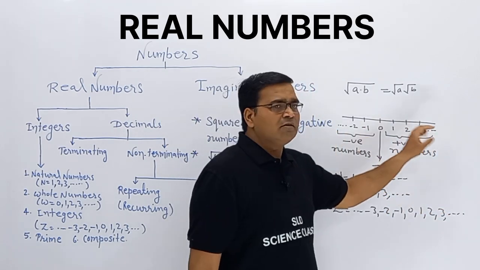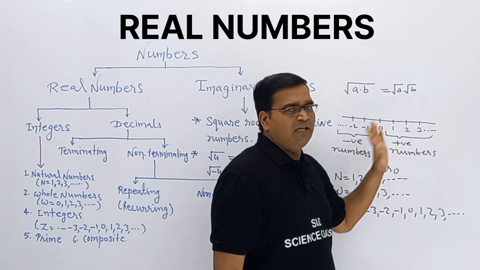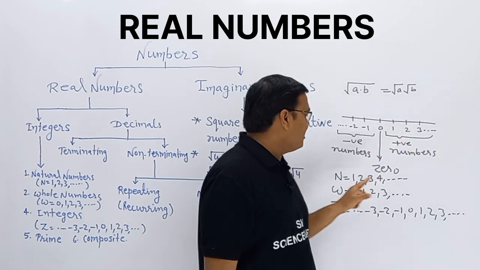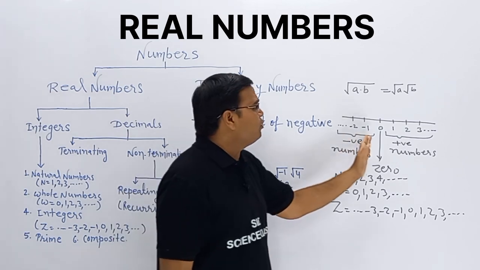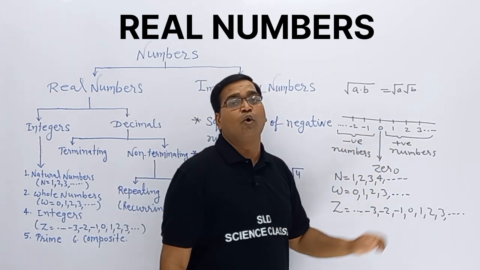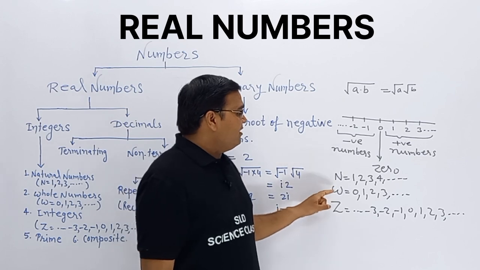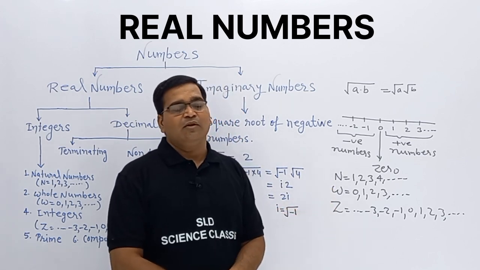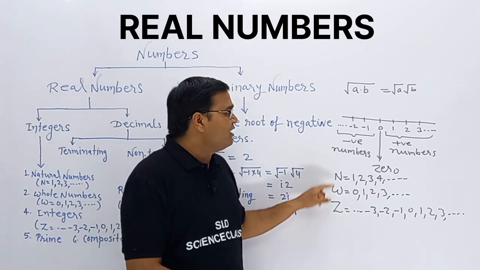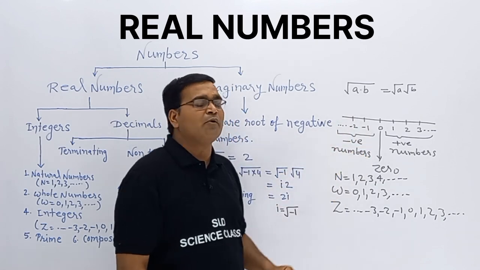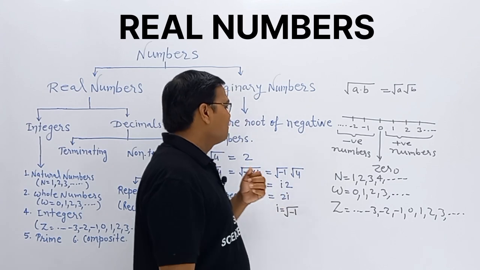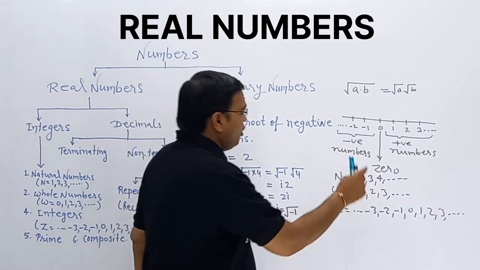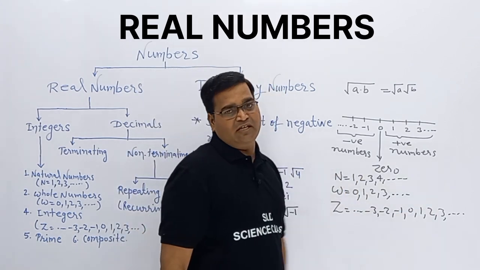So on the number line, complete values like 1, 2, 3 are called counting numbers, and counting numbers are called what? Natural numbers. If 0 is included in these numbers, then we are getting whole numbers. And third one is the integers: if in the whole numbers negatives of the counting numbers, minus 1, minus 2, minus 3 and so on, are included, then we are getting integers.